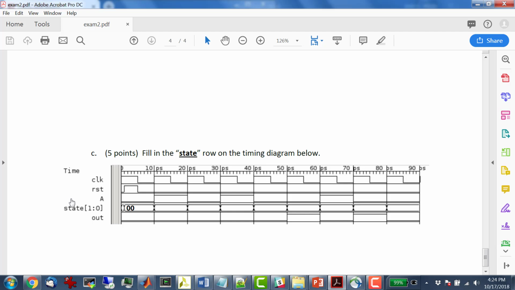So in cycle 0, I start in 0, 0. Cycle 1, where do I go? Well, it depends on A. What's A? A is kind of unclear because A is changing on the rising edge of the clock, right?